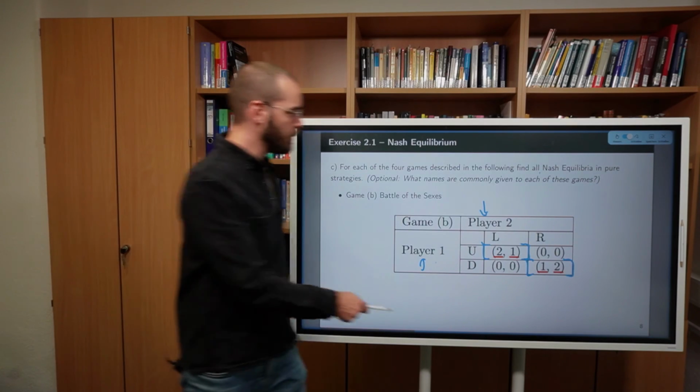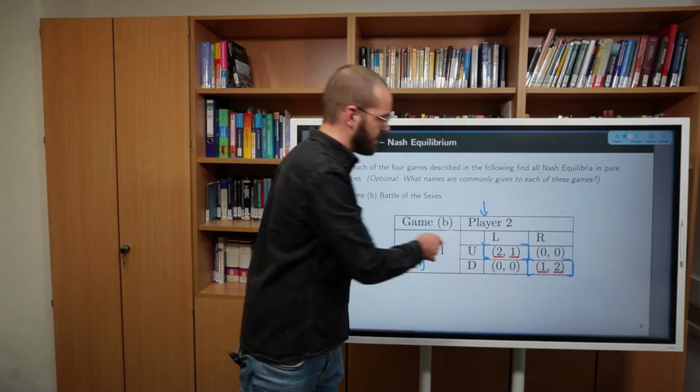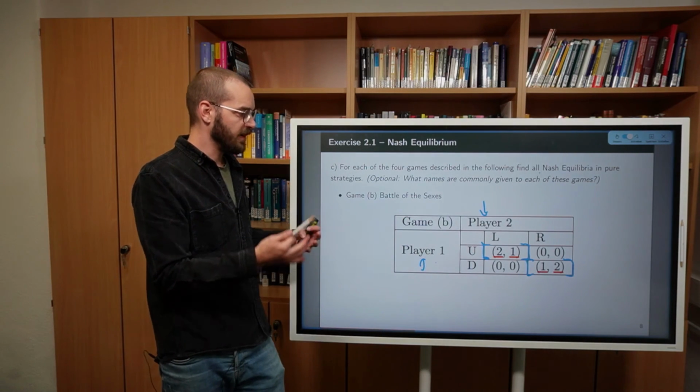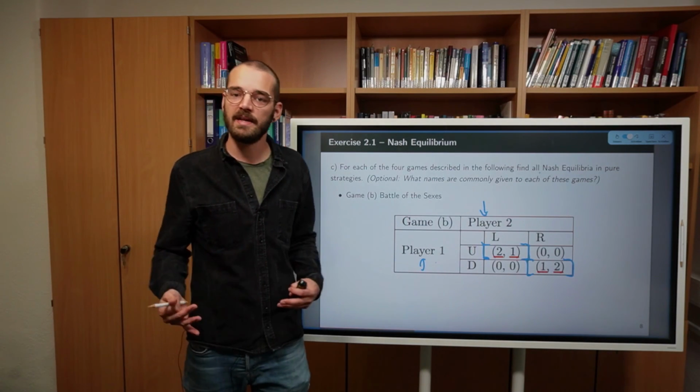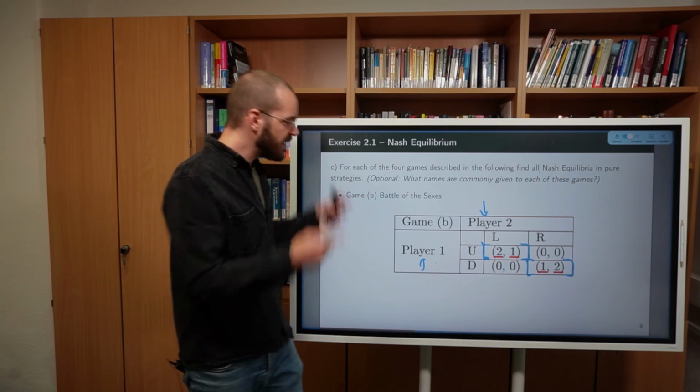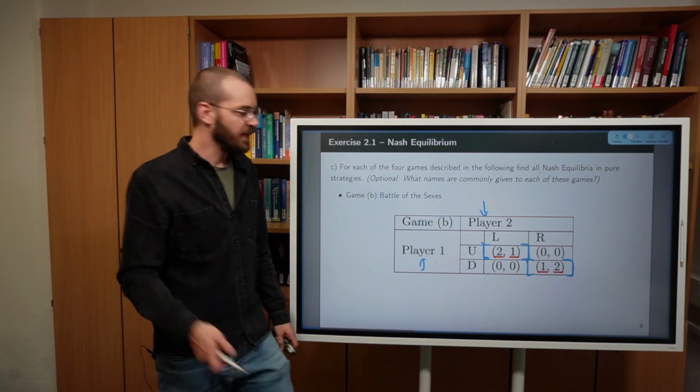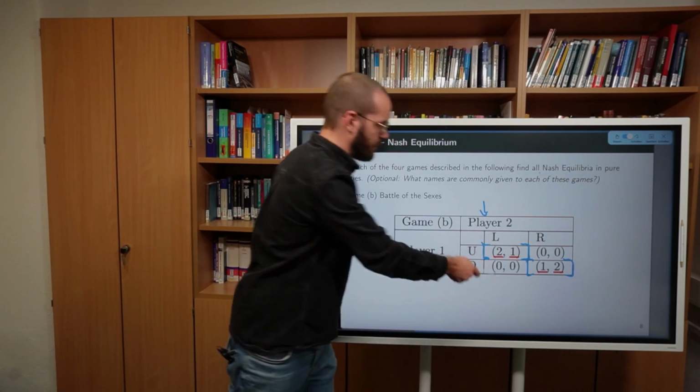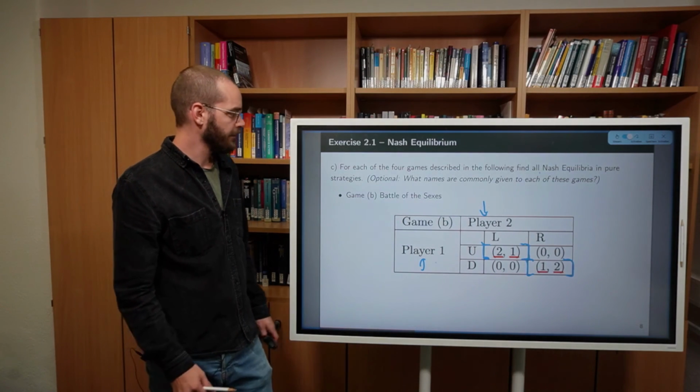So you will see that there are two Nash equilibria. Each one is preferred by one of the players, but again, meeting up, so to speak, is still better than choosing different options. All right.